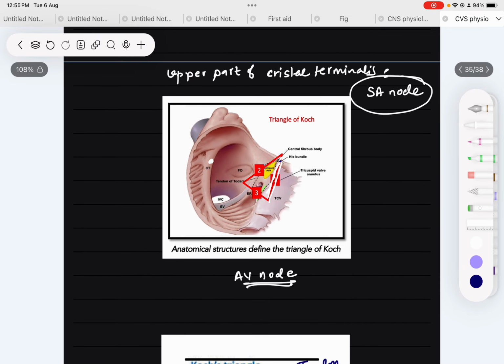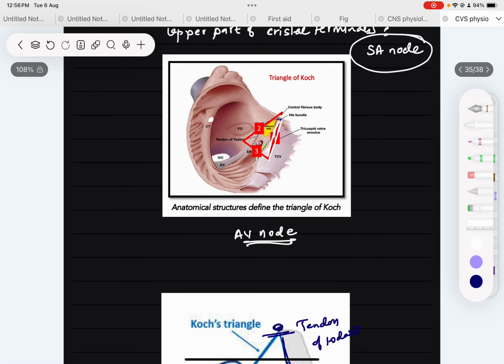Crista terminalis is the junction between the smooth and rough part of the right atrium, and upper part of crista terminalis is where the SA node will be located. Then in smooth part we have learned the three locations: SVC opening, IVC opening and coronary sinus opening.